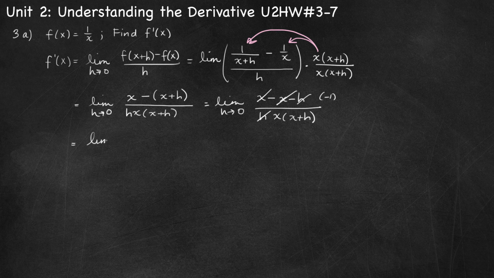So now this is the limit as h approaches 0, negative 1 over x times x plus h. We can find this limit using substitution, so I'll substitute 0 in for h, and I get negative 1 over x times x, or negative 1 over x squared. So that is my equation for f prime of x.